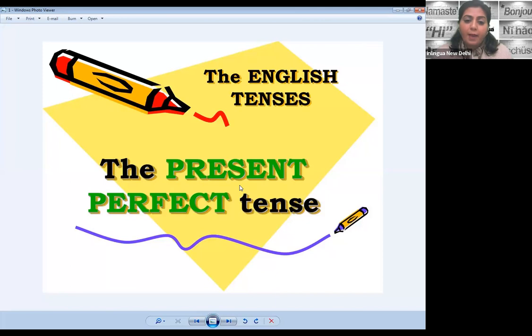If something happened in the past, but you don't say when it happened, then we use the present perfect tense. Why we don't know when it happened is because maybe we don't remember or maybe we do not want to tell the exact time of the action. Opposite to this, in the past tense, we need to tell the time of the action.